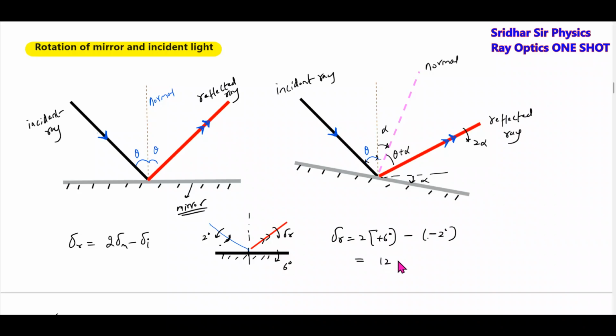This will become 12 minus of minus 6, which is 18 degrees. So the net will be 18 degrees clockwise. The reflected ray will rotate by 18 degrees clockwise. This formula you have to remember, very, very important for you. A simple idea based thing.